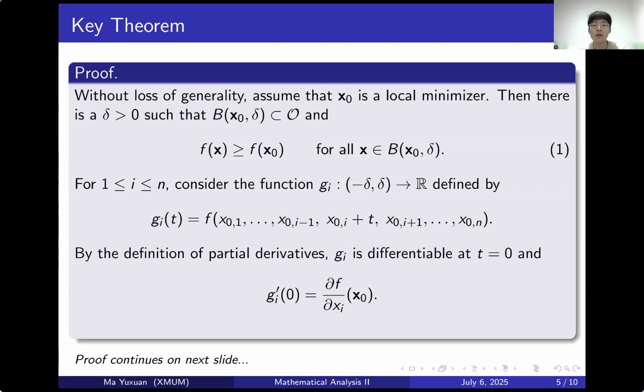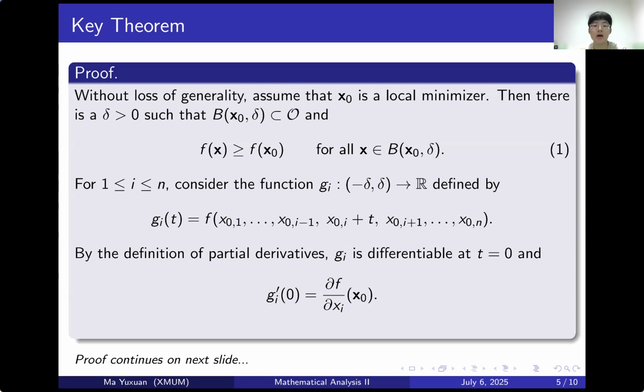So how do we translate this into conditions on the partial derivatives of f at x0? Here's the key idea. We freeze all variables except one, say the ith variable, and define a new function, g_i. This function g_i is a slice of f.